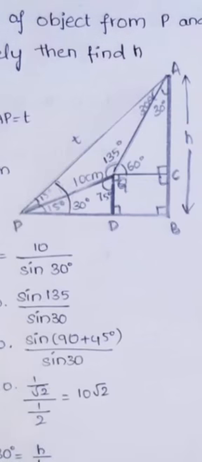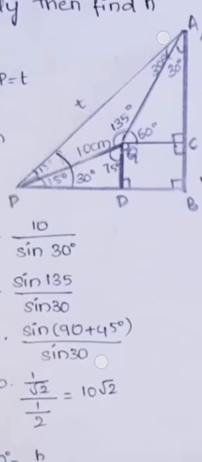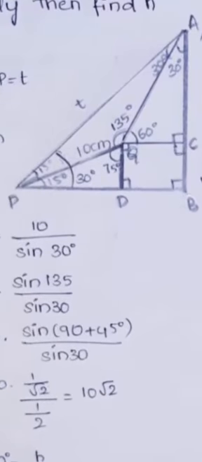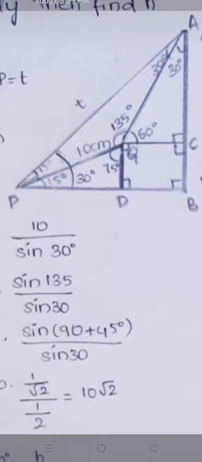First of all, we are going to observe the triangle PQD. Since BDQC is a rectangle, in this triangle the angle at D must be a right angle.